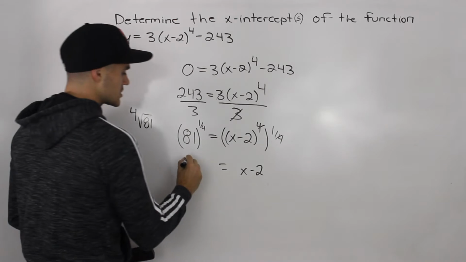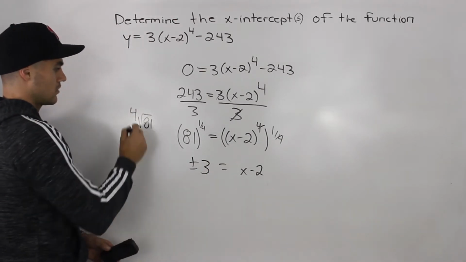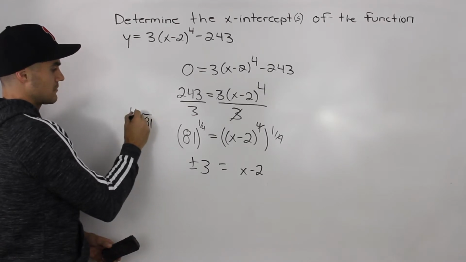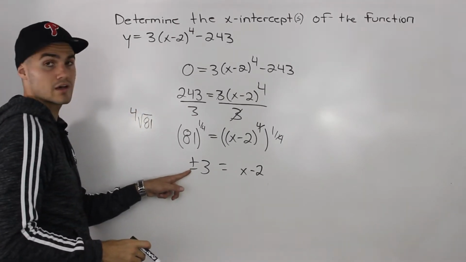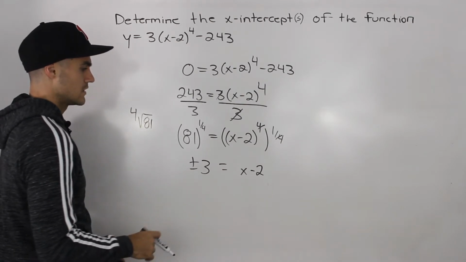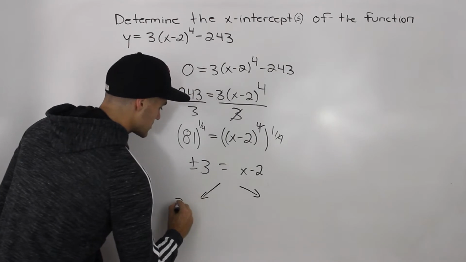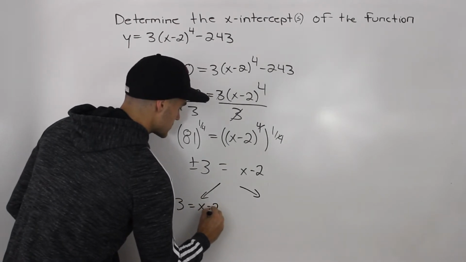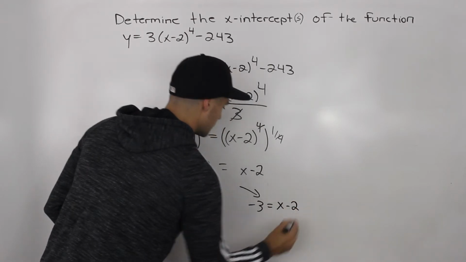Well, that is just plus or minus 3. Remember, if you're taking an even root of something, it's always going to be plus or minus. So there's going to be two cases here. Either positive 3 equals x - 2, or negative 3 equals x - 2.